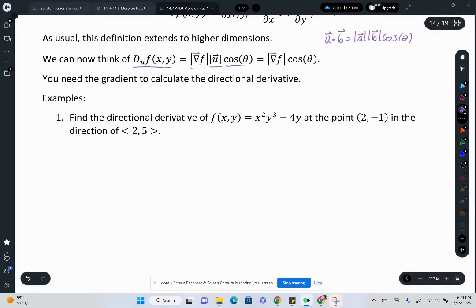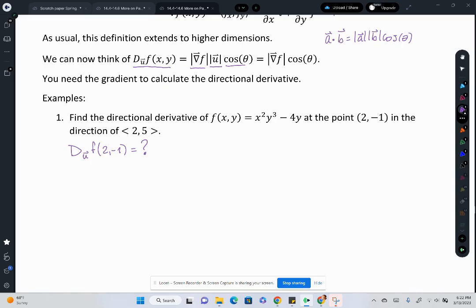So in this example, we're told to find the directional derivative of f, which is equal to x squared y cubed minus 4y, at the point (2, -1) in the direction of (2, 5). So this is what we're being asked to find: the directional derivative in the direction of u of f at (2, -1). I'm just going to write this, it's equal to question mark. Question mark is what we are trying to find.